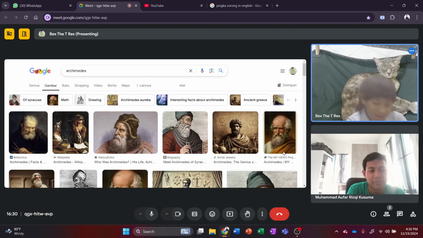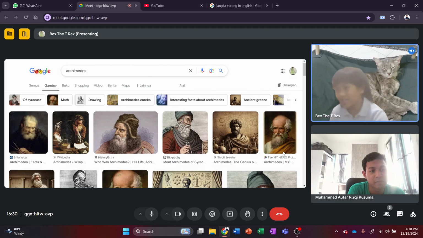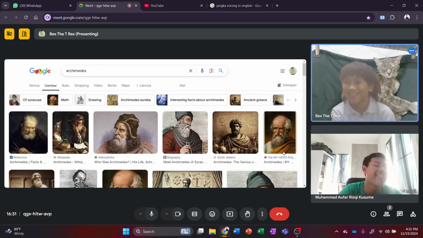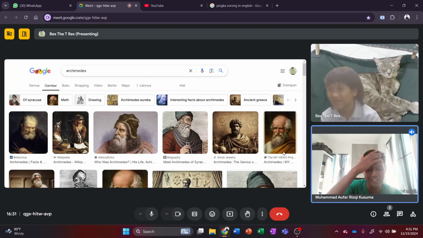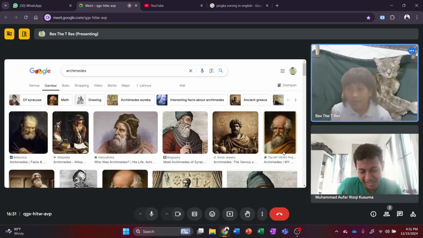Take the symbols, for example, density. Density equals... Oh wait, I forgot that one. Okay, let's not talk about it later. But the thing is, just make the symbols into words.